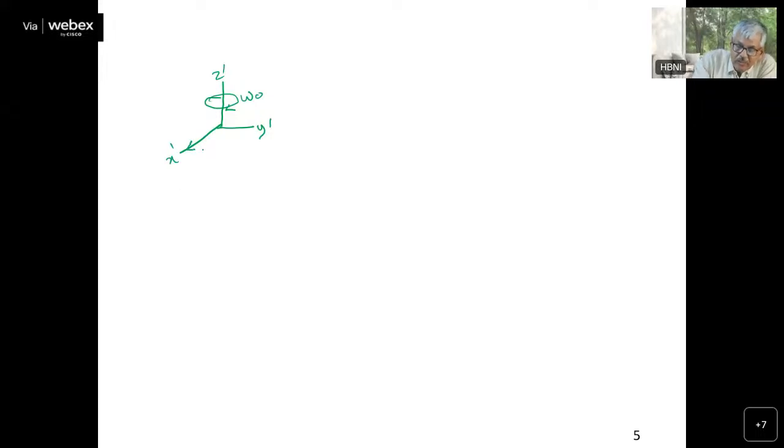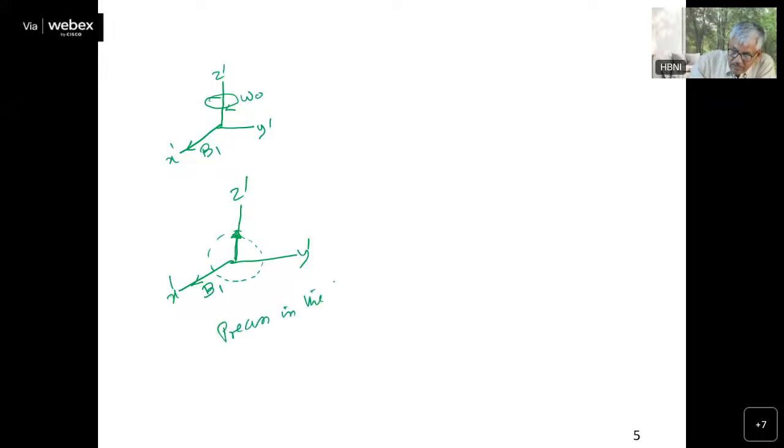Now you are putting the B1 in this direction, and the magnetization will start precessing around it.